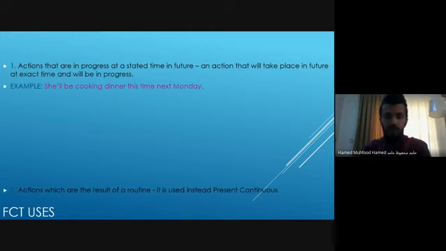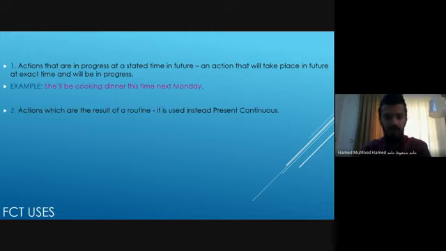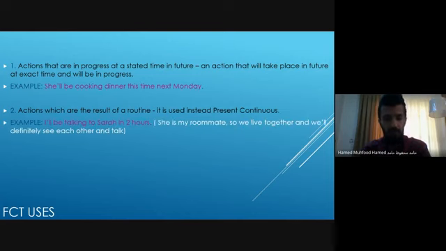So this is the first use of the future continuous tense. The second use is that we use the future continuous tense to speak about the result of a routine. How is that? You see, here we have an example. I will be talking to Sarah in 2 hours.